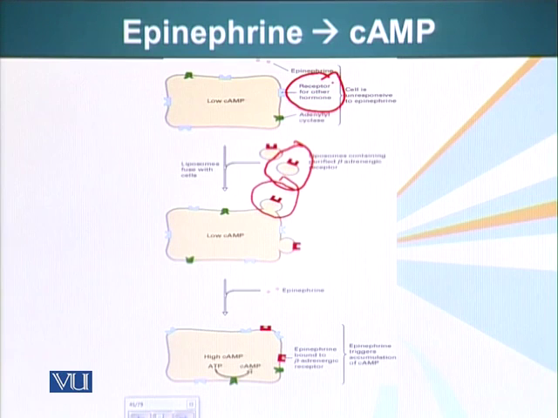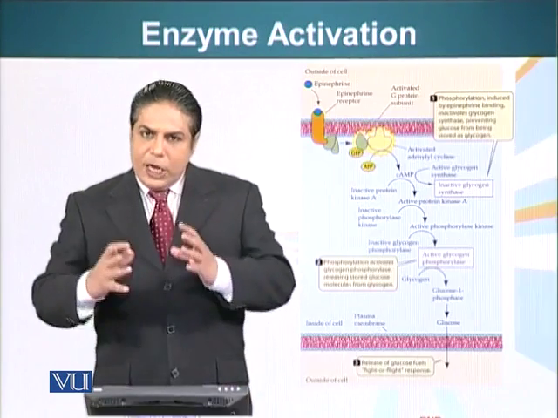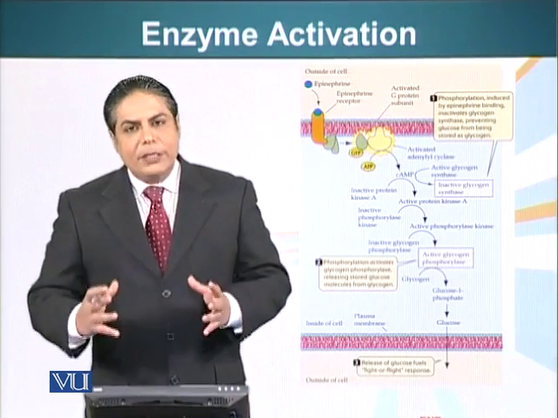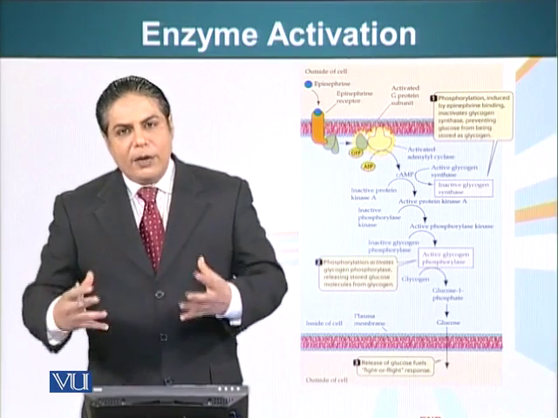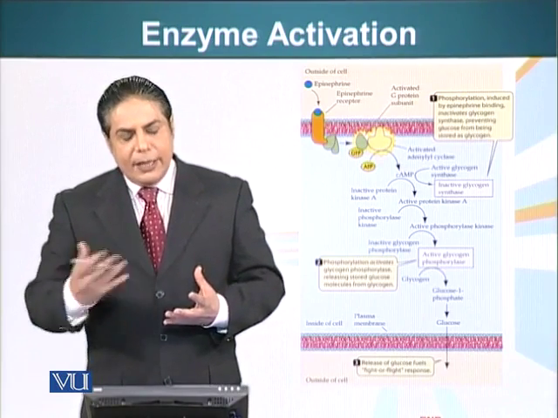Now once we attach epinephrine to it, we can measure the amount of cyclic AMP and we can see the cell is now producing cyclic AMP. This experiment suggests that the epinephrine receptor interaction results in activation of adenylyl cyclase, which produces cyclic AMP. We will see how cyclic AMP mediates its effects in the cell in the next module.